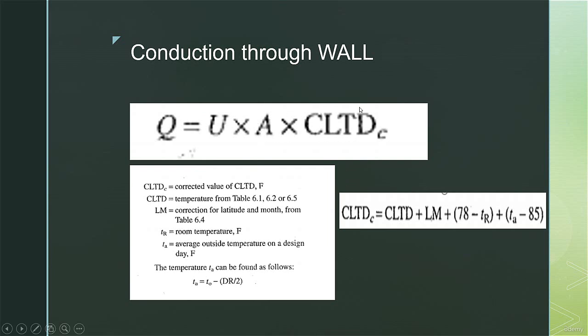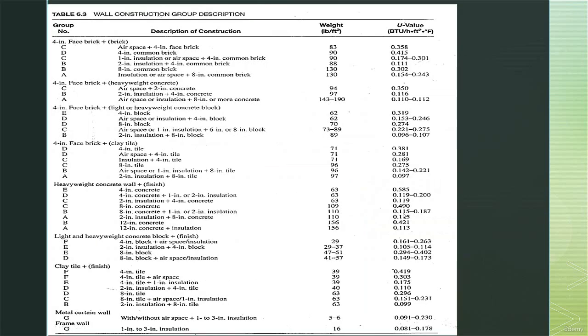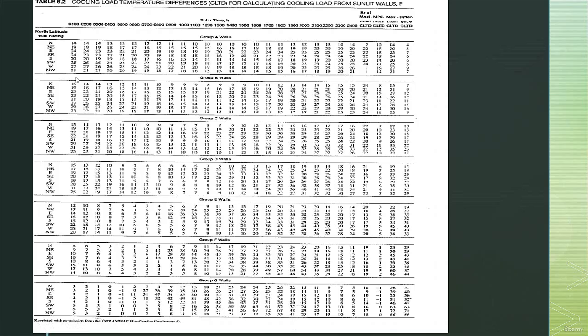Next is CLTDC, which is the corrected value of cooling load temperature difference, equal to CLTD, cooling load temperature difference. We want to get the value of CLTD. First of all, we determine the wall group of the wall. Let's suppose we use 4-inch common bricks in the construction of walls, and for this we have D group. So you select D group, and then you go to this chart. Here you see this is D group wall.